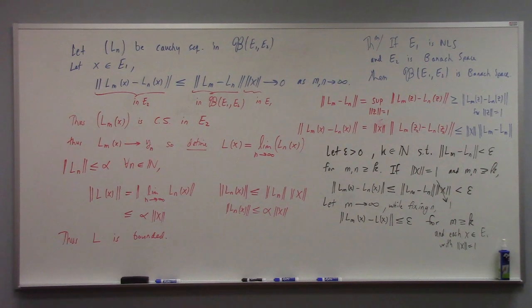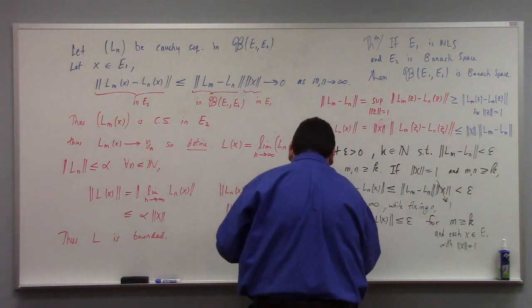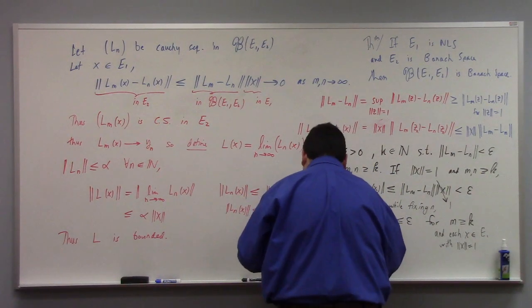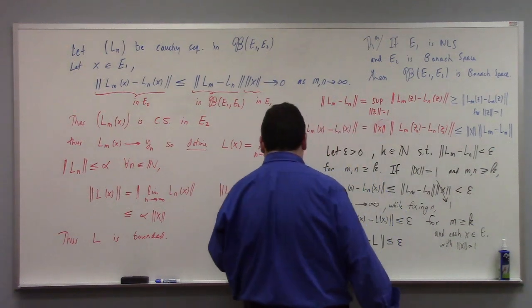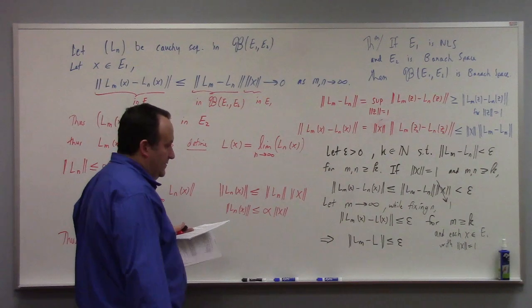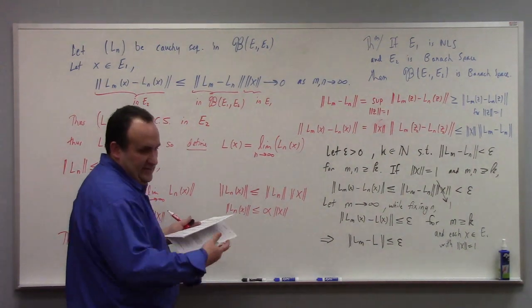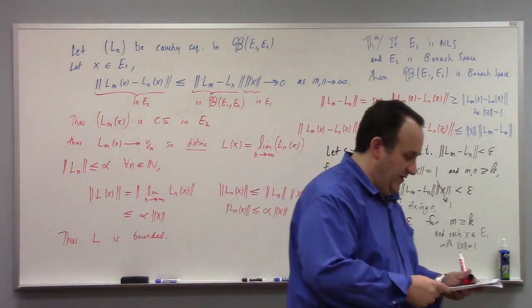And that means that the norm of Lm minus L is less than or equal to epsilon for all m greater than k, and that proves that L is the limit of our sequence of operators.